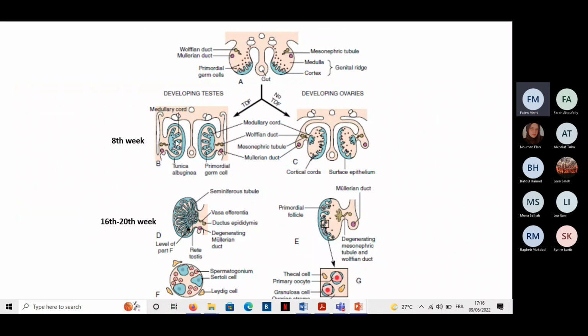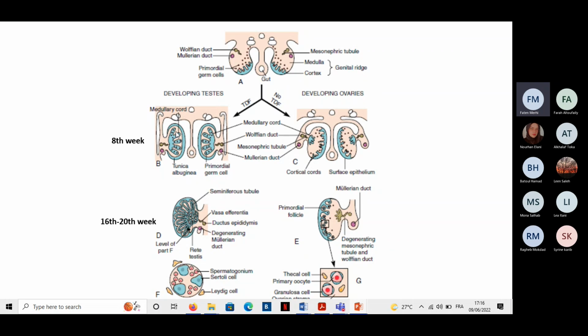Here you have the cords that will give the seminiferous tubules in blue. Between them, we have this pink color. This is the mesenchyme, as you remember. Those mesenchymal cells will be at the origin of the Leydig cells, will differentiate to give the Leydig cells.